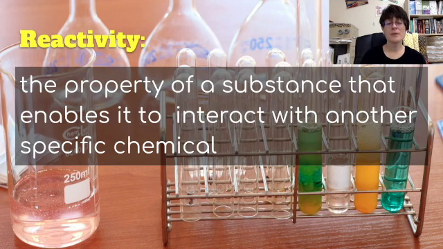When we talk about reactivity, we tend to talk about what the substance reacts with, and how violently or how readily it reacts. Will it react instantly in an explosive manner? Or do we have to add heat for it to react? Is it a slow reaction instead of an explosive reaction? So reactivity is an important property.